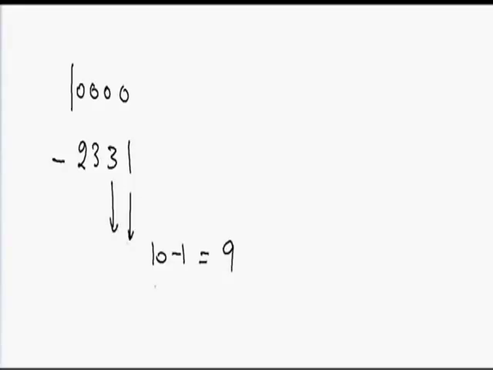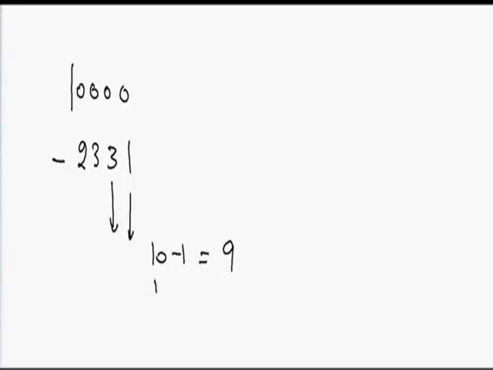So the same thing can be done for larger numbers. Suppose I have 10000 and want to subtract 2331 from it. In that case, first I take the 1. So 10 minus 1 is equal to 9, and I take the 3.